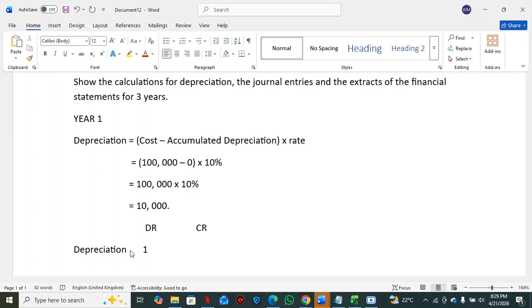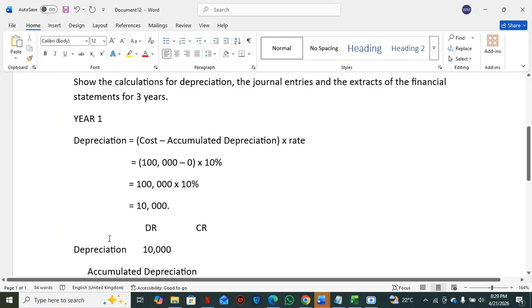On the statement of profit or loss, the depreciation expense is going to be 10,000. Then you always credit accumulated depreciation. Remember, this is a contra asset. You credit it 10,000.